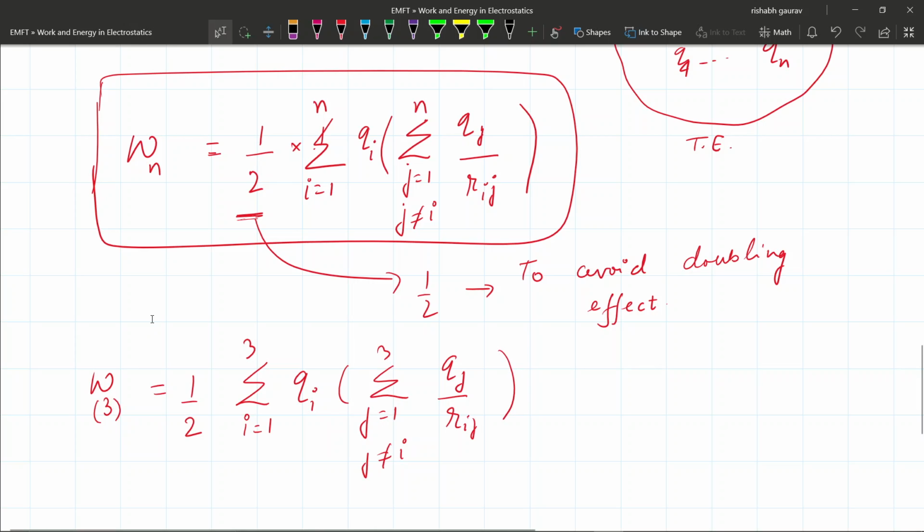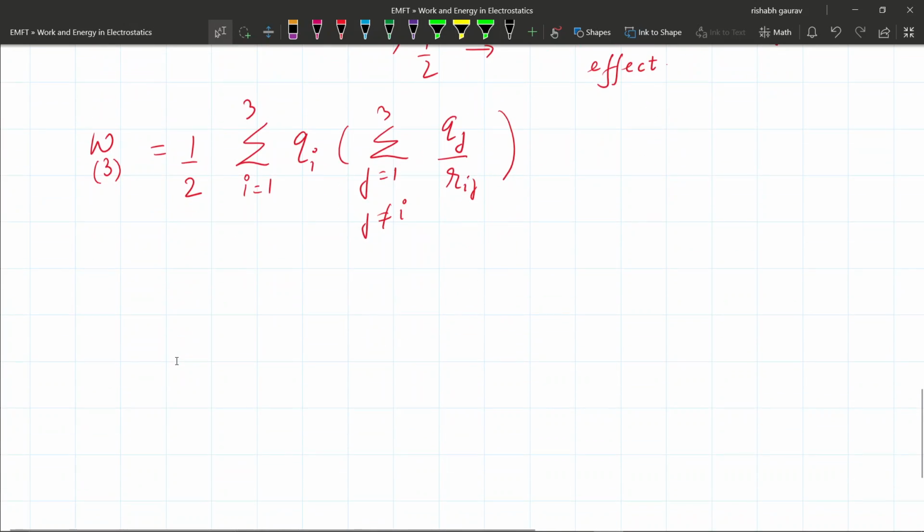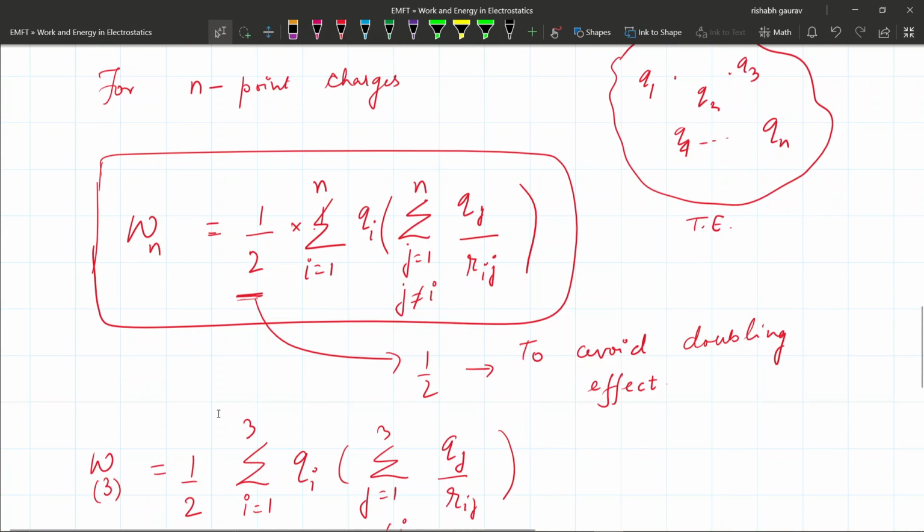Let us expand it. So it will be given by 1 by 2. Let's start with i is equal to 1. Then this will be given by q1 and putting the value of j, and we have missed one point here. It is also multiplied by 4 pi epsilon naught.